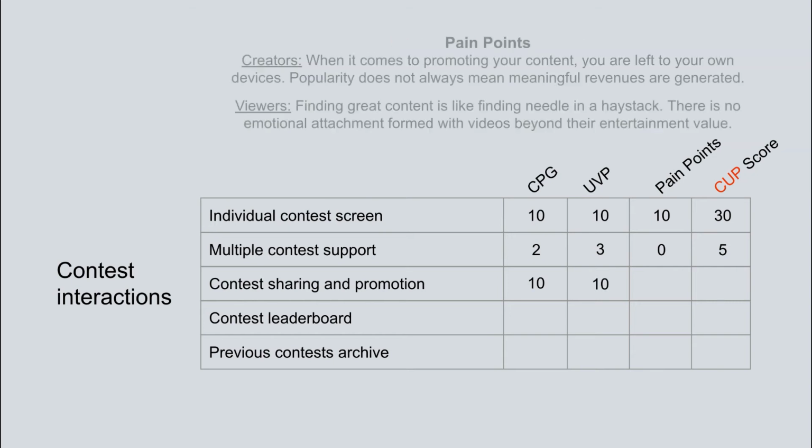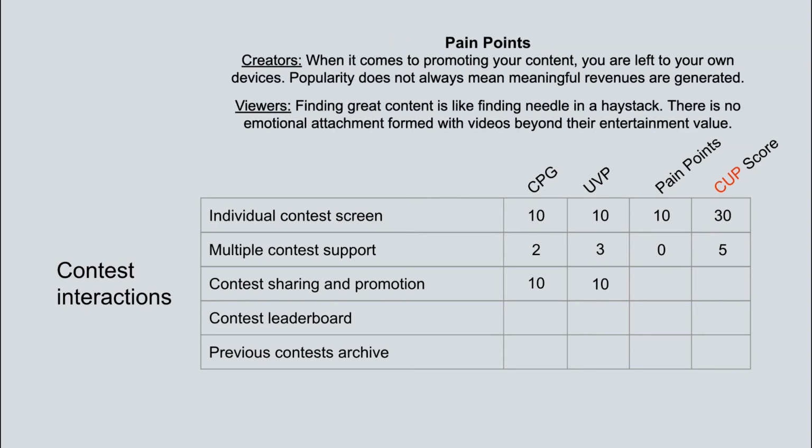Let's take a look at the pain points for the creators. We have that you're left to your own devices when it comes to promoting your content, and popularity doesn't always mean meaningful revenues are generated. It definitely addresses the first one, and it helps with the second one. The more popular the contest, the easier it'll become for Vivi to find sponsors for it. And for viewers, finding great content is like finding a needle in a haystack.